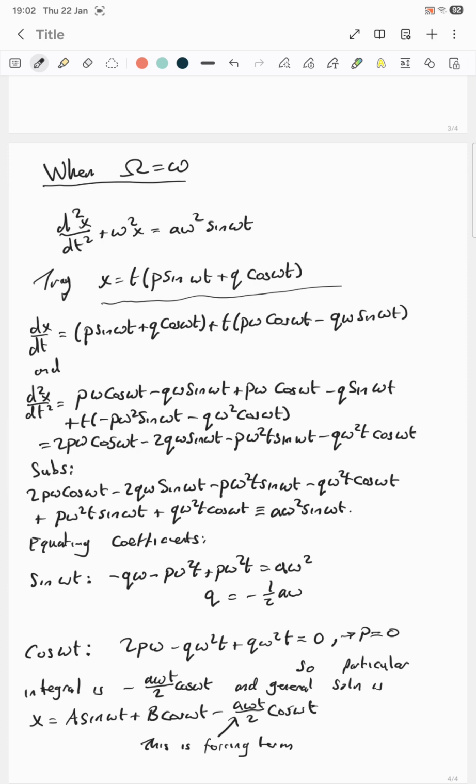Now upon taking the derivative, we get this, and through lots of algebra the second derivative, and then we're substituting in, equating coefficients, and for cosine omega t, our p equals 0, and so our particular integral is here, a omega t over 2 cosine omega t. So our general solution is here.